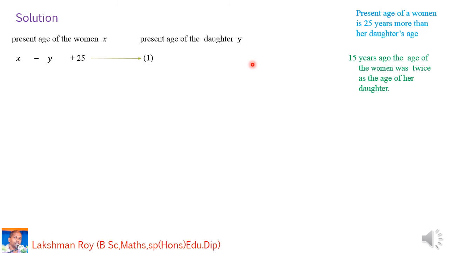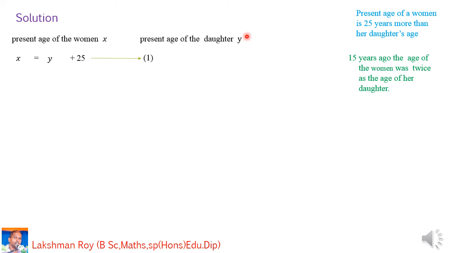Then go to the second data: 15 years ago, the age of the woman was twice the age of her daughter. Now we have to go back 15 years. The present age of the woman is x, and the daughter is y.